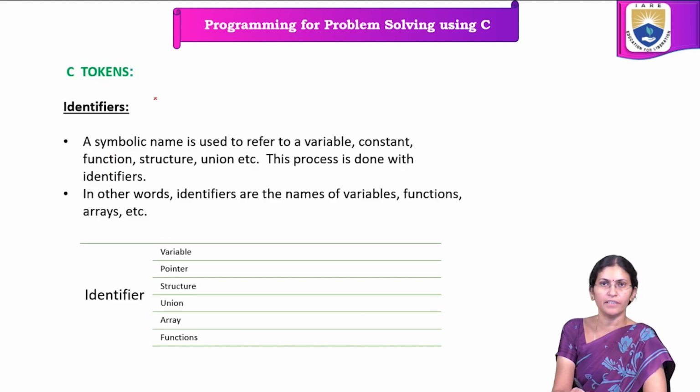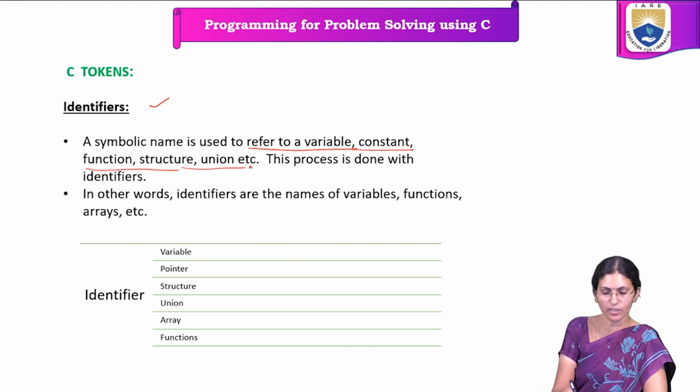Next is identifiers. What is an identifier? It is nothing but a symbolic name which is used to refer to a variable, constant, function, structure, union, etc. In other words, you can say that an identifier is a name given to an entity.